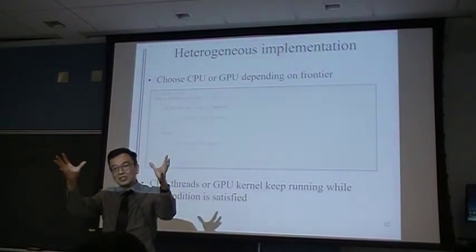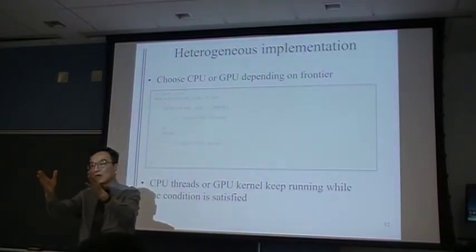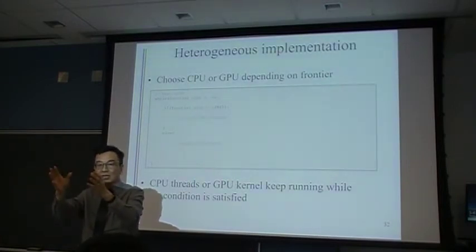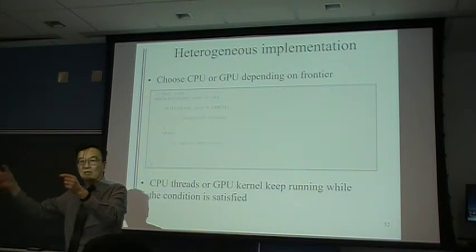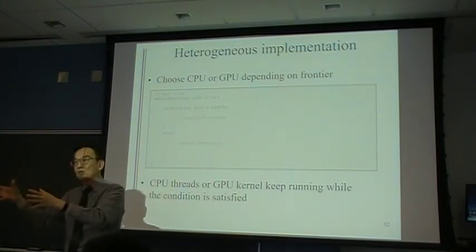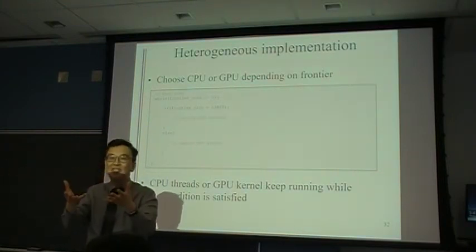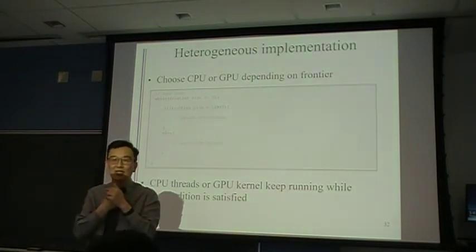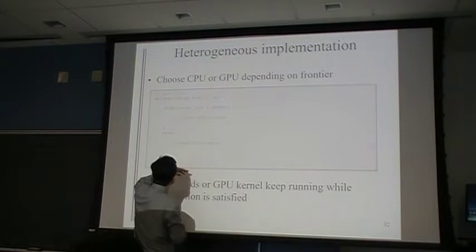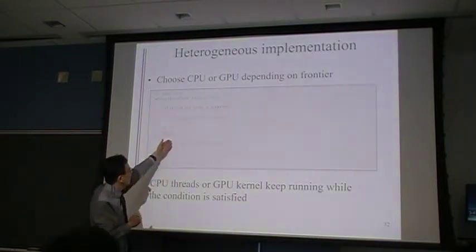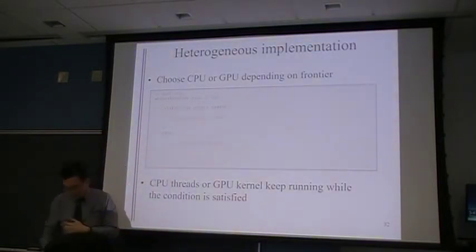You look at a task, in this case handling a frontier, and ask: do I give it to the CPU or to the GPU? I use the CPU or the GPU for the best fit for that task. So I just test the frontier size and launch the CPU threads, or if the frontier size is big enough, I launch the kernel.